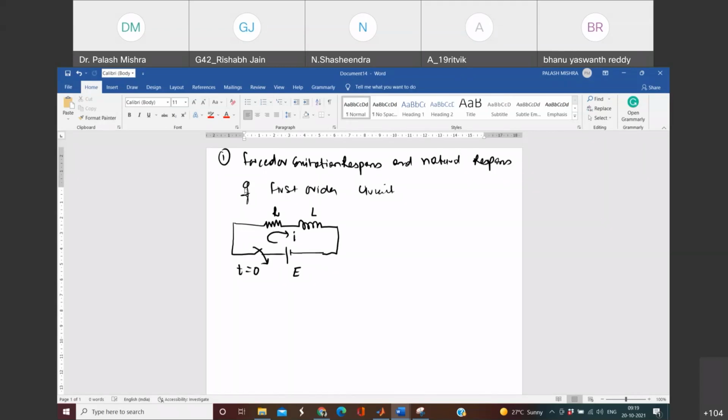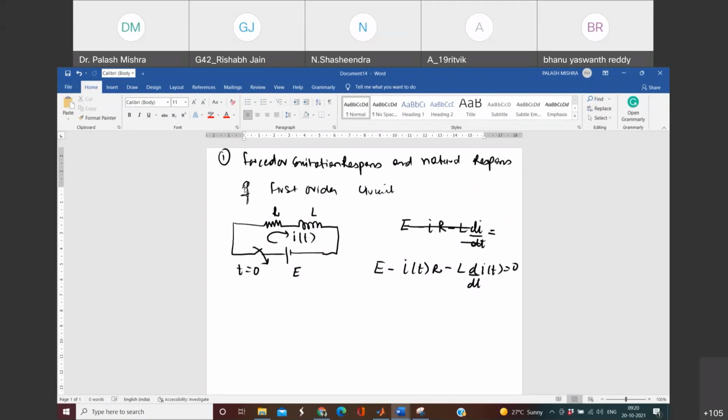Can someone tell me the KVL equation for this loop? E minus i(t) times R minus L times d by dt of i(t) equals 0. I hope this is clear to all.